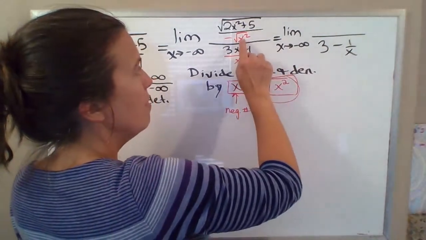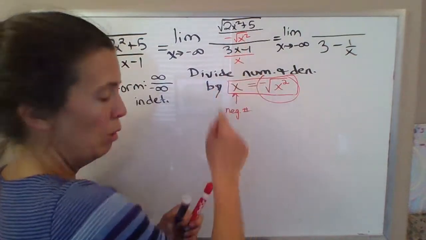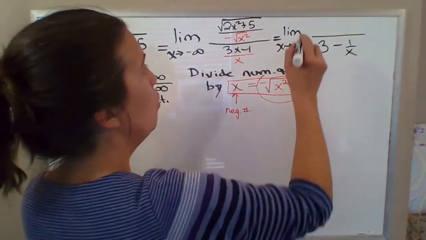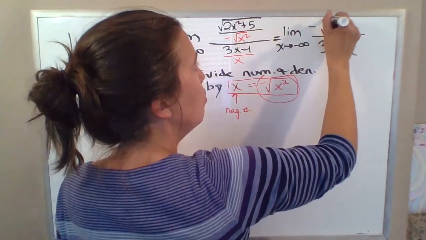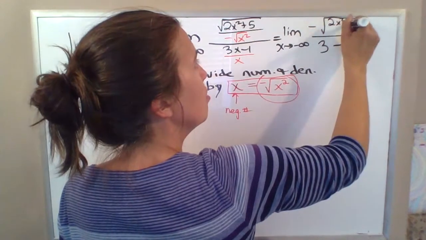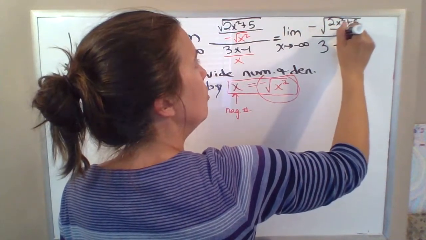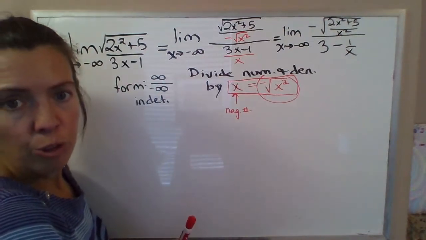The reason I wrote the numerator as a square root is because now we can pull that negative out front and write this as one big square root expression: 2x squared plus 5 over x squared, all under that square root.